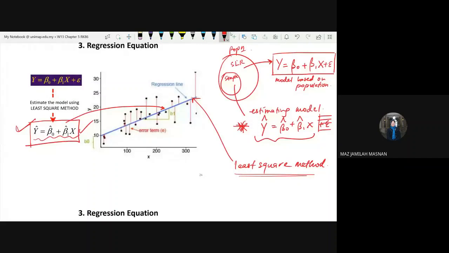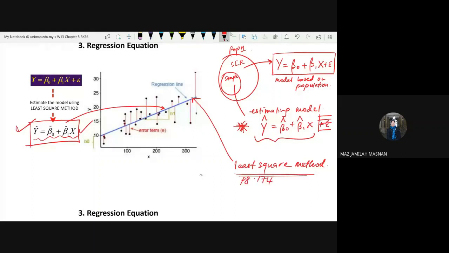If you look at your textbook, class, if I'm not mistaken, this is explained on page 174.